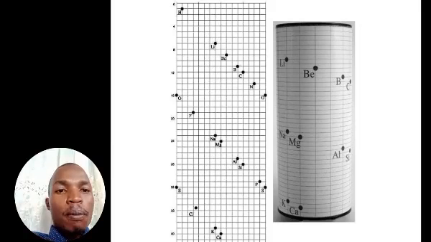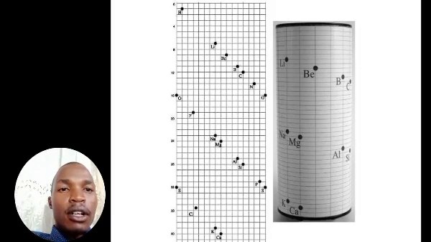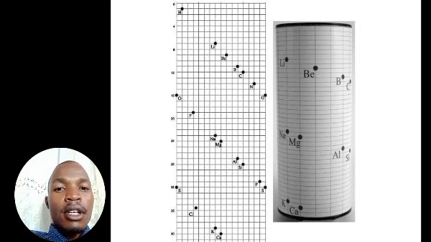As you can see, the elements that lie below each other have similar properties, like calcium and magnesium and beryllium. All of them lie below each other, and even up to date, they have similar physical properties. So that is what we call a telluric screw.